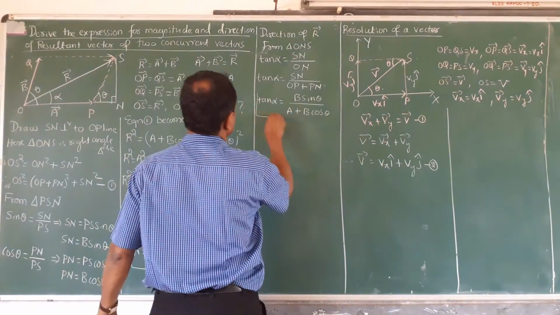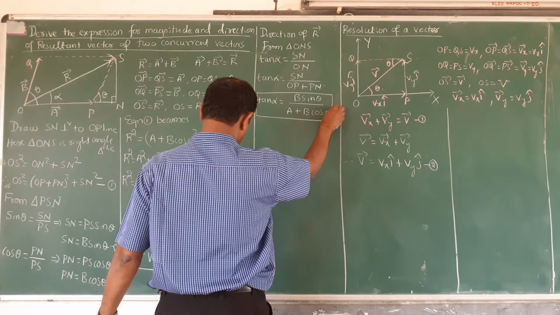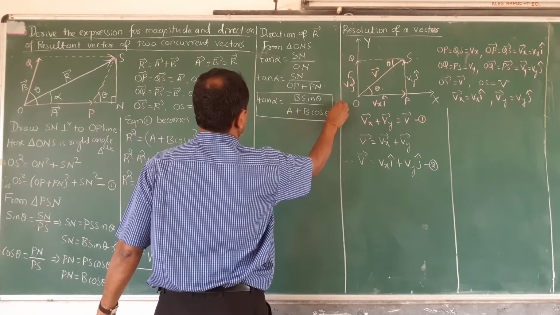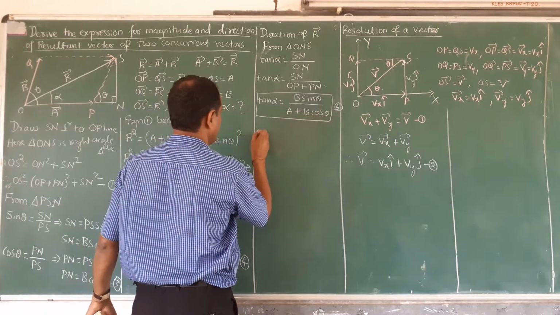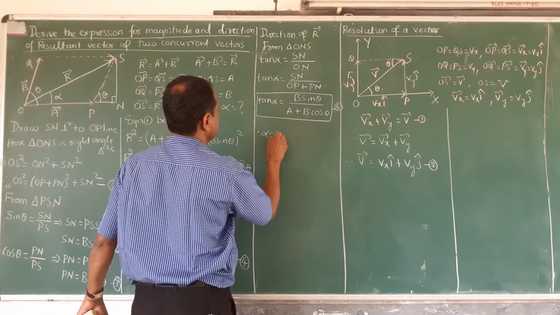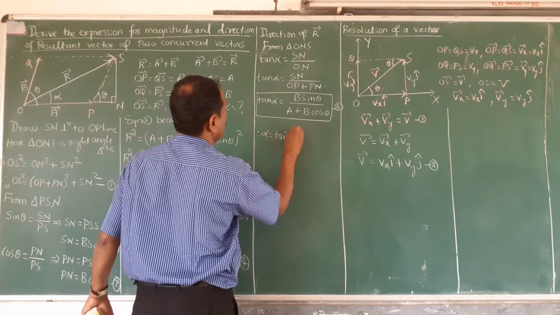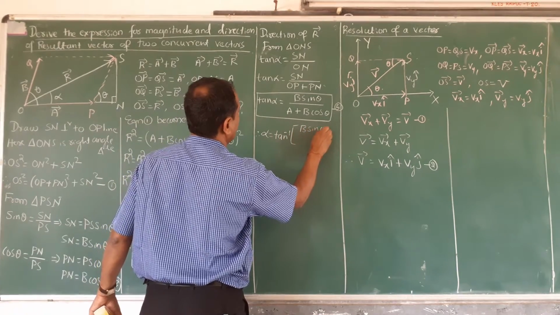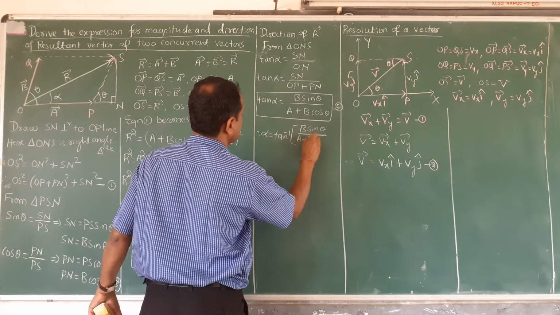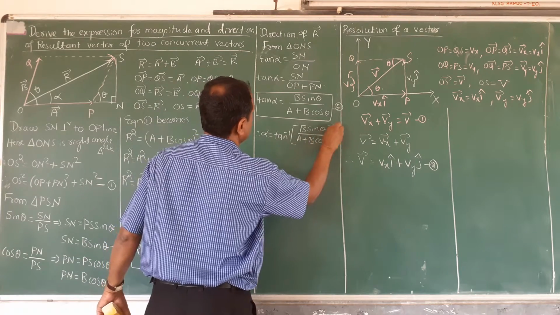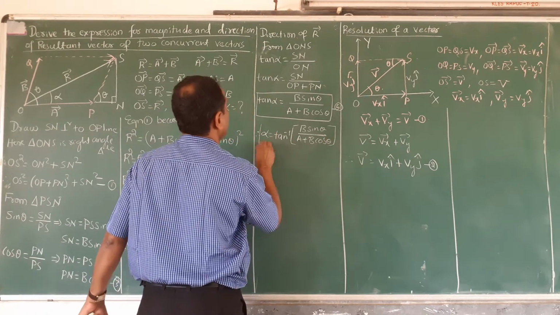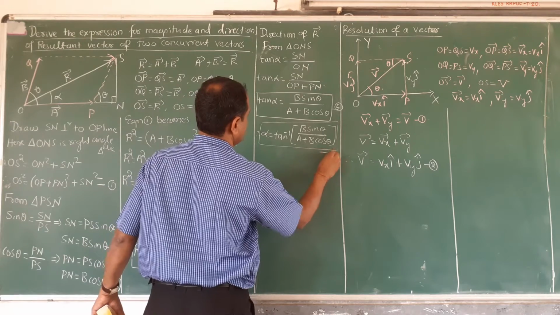Now this is the expression for direction of the resultant vector. This is equation number 5. Therefore alpha is equal to tan inverse of B sin theta divided by A plus B cos theta. This is the final expression, equation number 6.